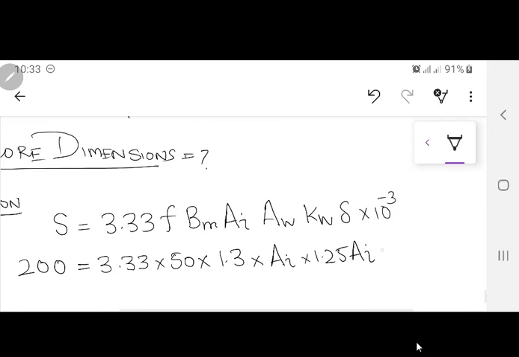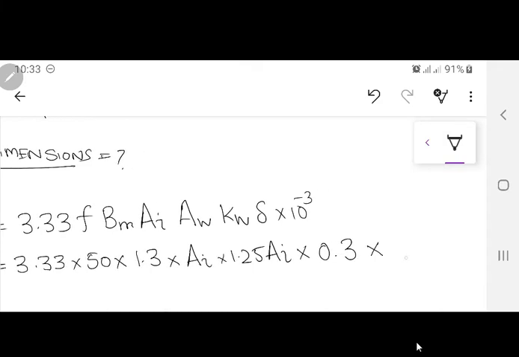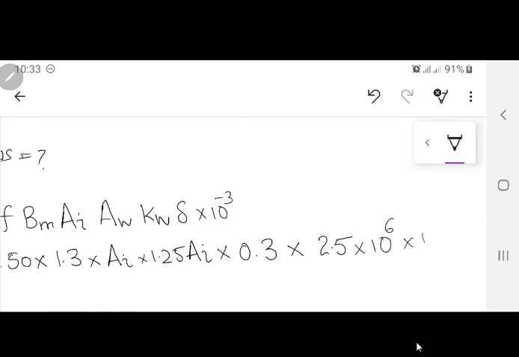And then I have KW. What was KW? That was 0.3, I guess, if I'm not wrong. And the delta over here is equal to 2.5 amperes per millimeter square. This is an SI unit all over here, so I am going to multiply this 2.5 by 10 raised to power 6, because the whole equation is in SI units, meters over there. And then the next one is 10 raised to power minus 3.